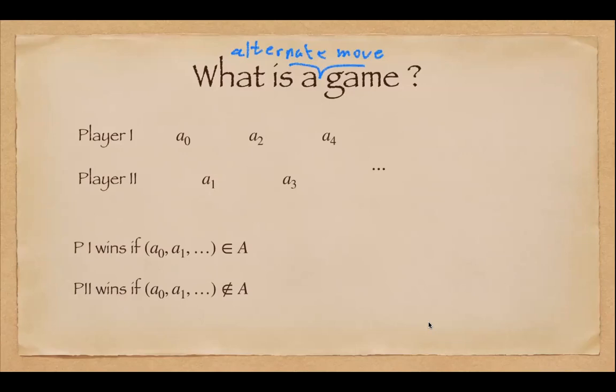And there is a certain set, which we denote by capital A, and if the entire play, the infinite play, happens to be in that set, then we say that player 1 wins. And if not, then we say that player 2 wins. So this is the model.